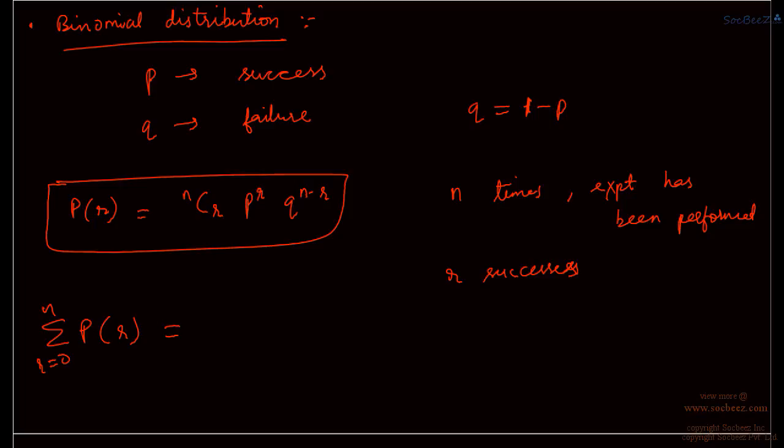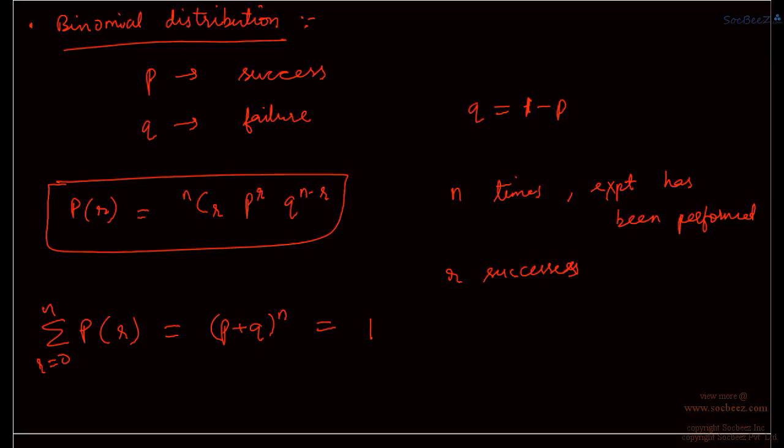If you look at the right side and try summing it out, you should get what we did in the previous chapter. This is nothing but (p plus q) to the power n, and we know that p plus q is 1, so this is 1. That is what we are supposed to get.